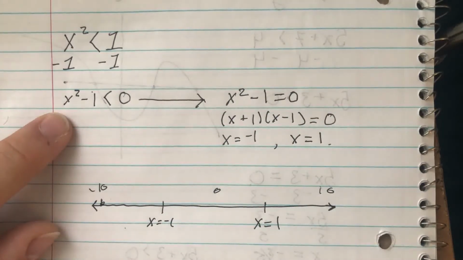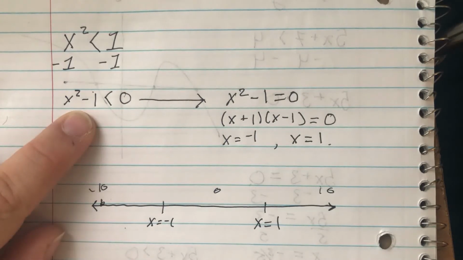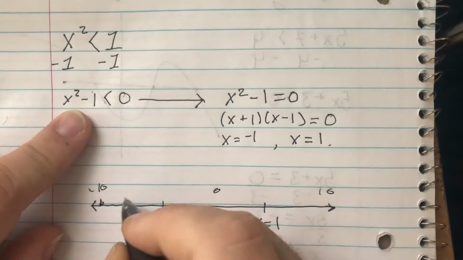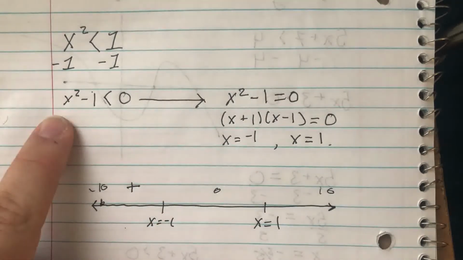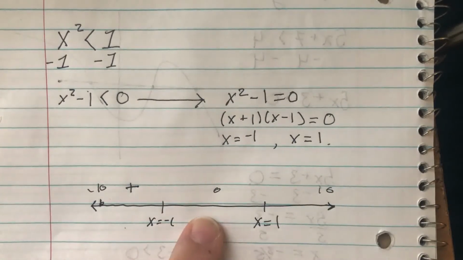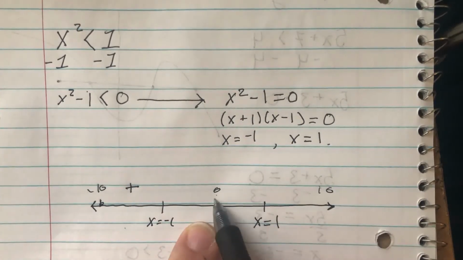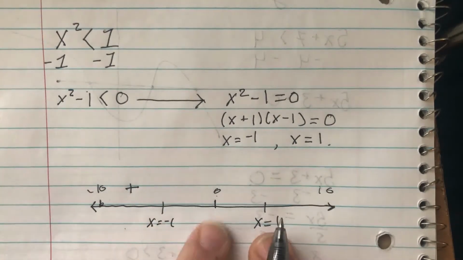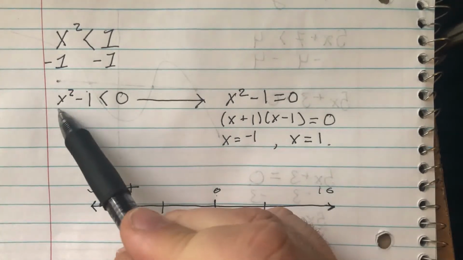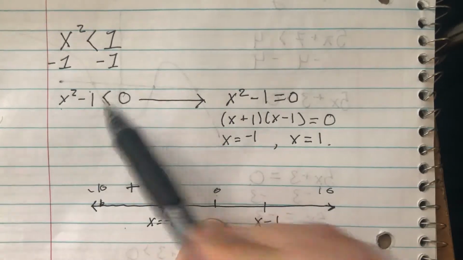So if we have negative 10 squared, that's going to be 100, minus 1 is going to be 99. So over here, we're going to have a positive number. If we put in a 0, it doesn't matter which number here. I'm just choosing 0 because for me, choosing 0 is easiest. It just has to be between negative 1 and 1. So if I put in a 0, I get 0 minus 1, which is a negative number.